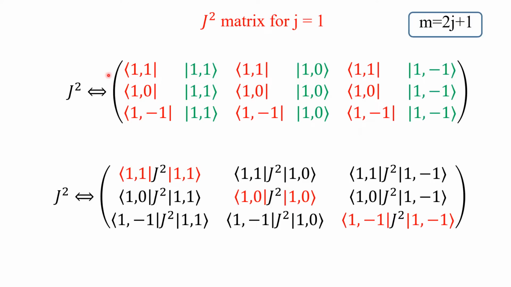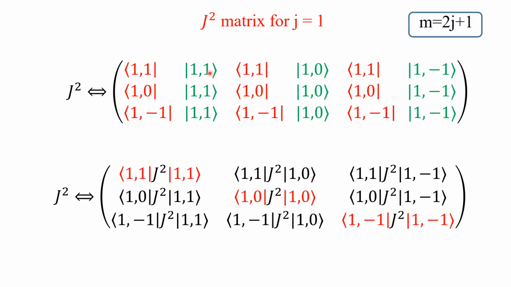Here, you know the bra vector is a row vector. You can see the bra vectors: the first row is 1 1, so all are bra vectors. Here J is 1, of course, we have taken J as 1 only.